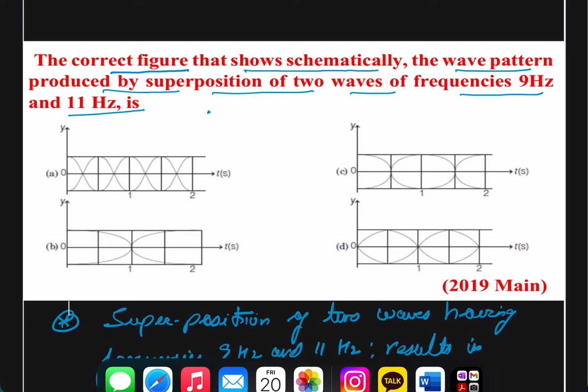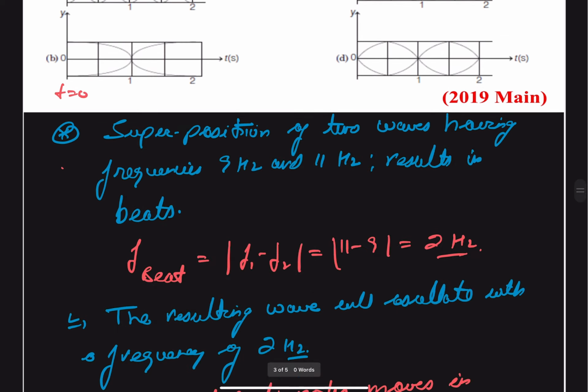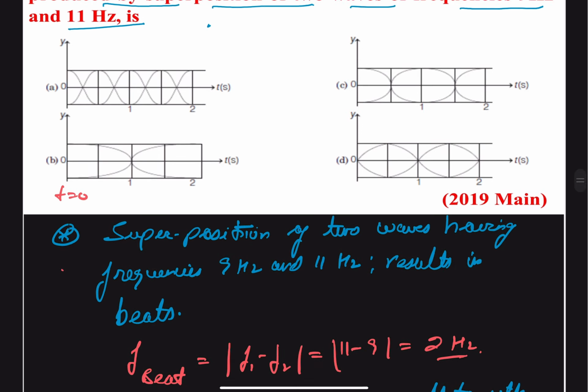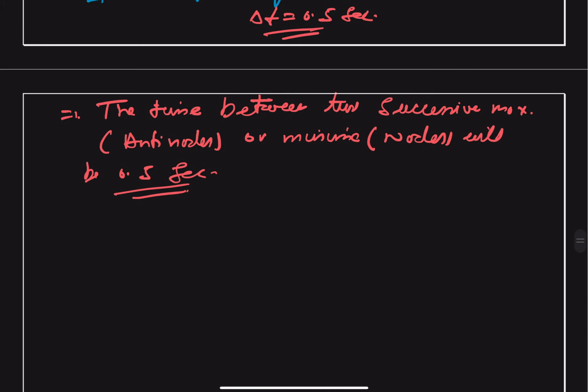So if there is constructive interference at t equal to 0, there will be an antinode, and when it is destructive there will be nodes.